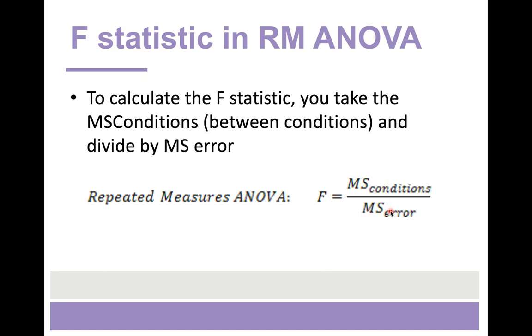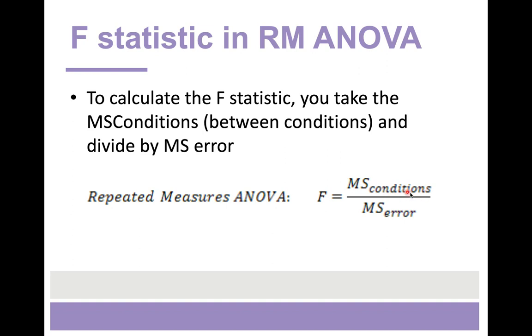We're going to go over that here in just a minute. But we're basically going to compare how much variability there is between our conditions, mean squared conditions. So that would be how different is the chocolate cake versus the lemon cake versus the caramel cake, or how different is time 1 versus time 2 versus time 3.